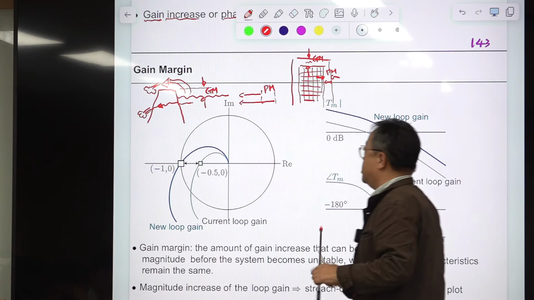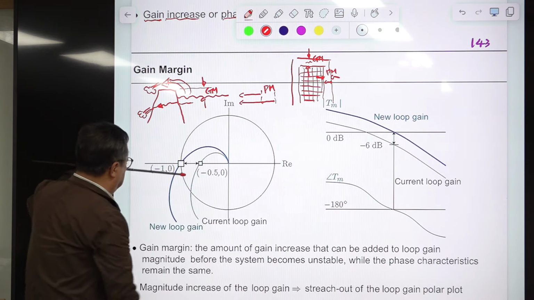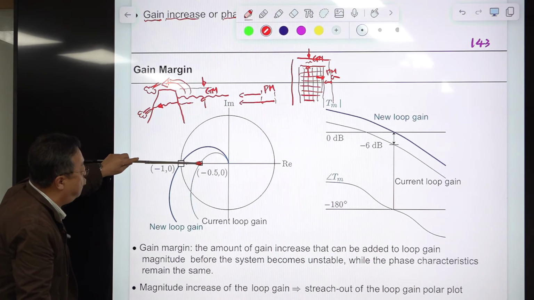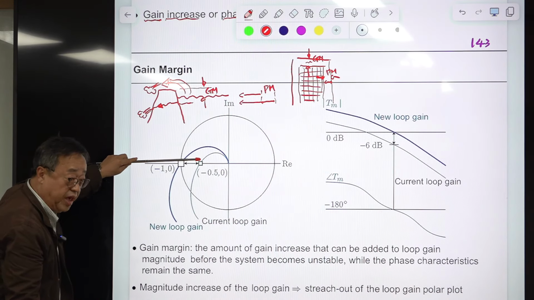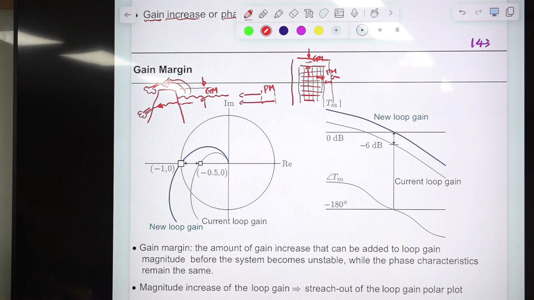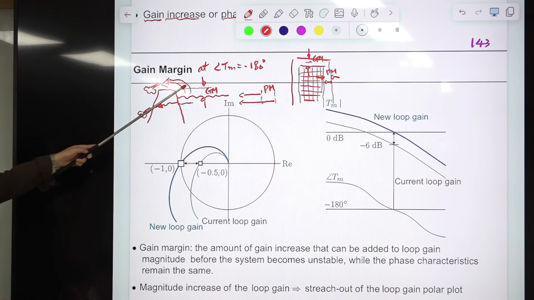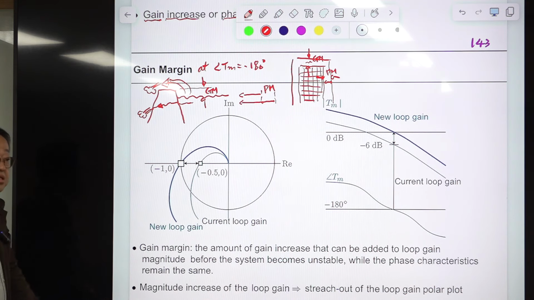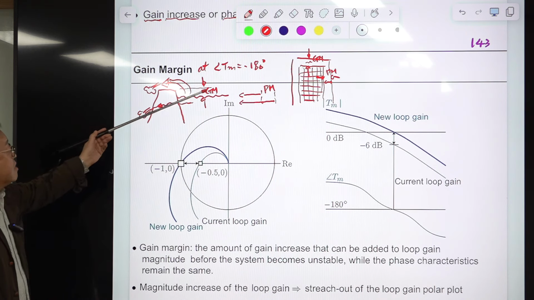So when you are thinking about gain margin, just take a look at the frequency where the phase becomes minus 180, okay? Gain margin is determined at the frequency where phase becomes minus 180 degrees, okay? If there is no such frequency, then gain margin is infinity, okay? Whatever gain increase you introduce, the system remains stable. That is the meaning of this, okay?